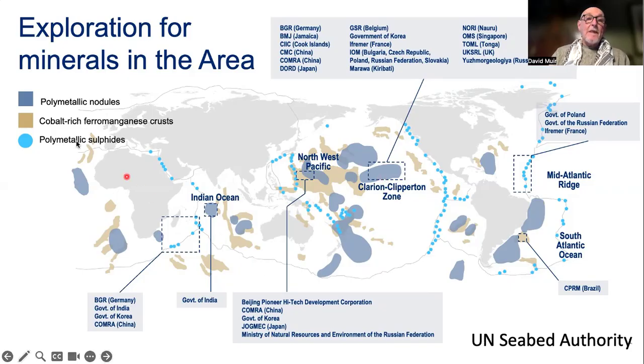But have a look here. These areas here are ocean crust and seamounts, which are going to be used. And all along here, you see these blue dots. These are all hydrothermal vents, which are going to be exploited for polymetallic sulfides. So there is potential for exploitation of much of the ocean floor.